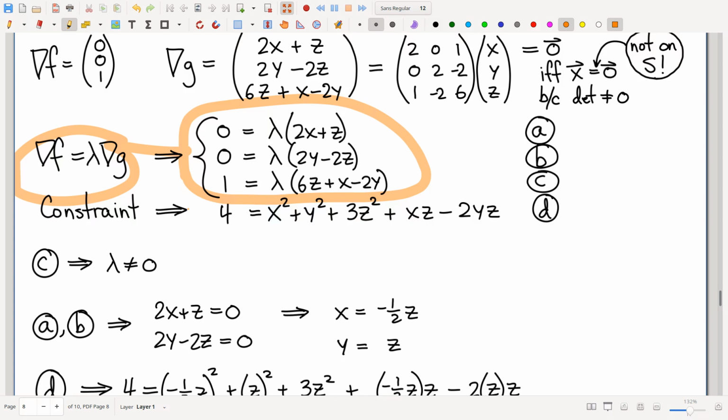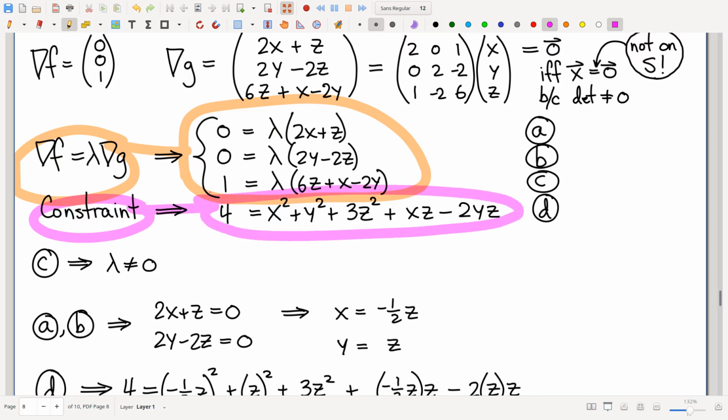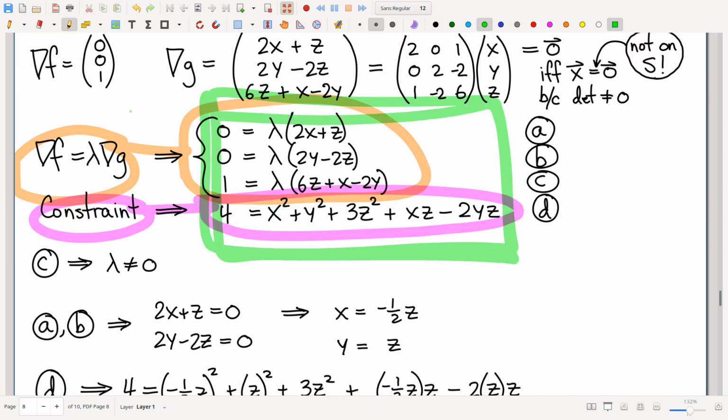And you can solve that system, and there's details that I'm not going to have time to talk about because we're out of time. But those details are in the recording I'm going to send y'all. The last thing I want to point out is, again, this only matters if you're talking about a point that satisfies your constraint. So, in fact, you need to find points that satisfy all four of these equations, because only if all four are satisfied is it an actual critical point. And everything else that follows is algebra, trickery.